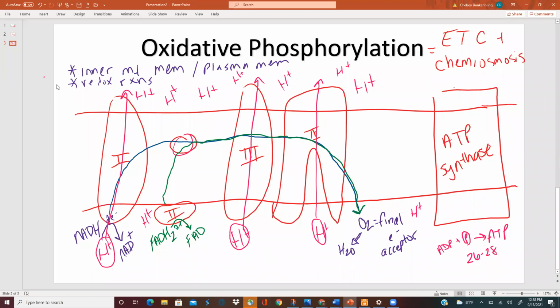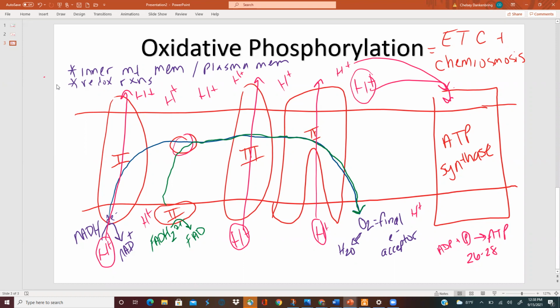But again, they don't want to be over there. And so what they do is they file, single file, down through ATP synthase, which allows that enzyme to mass produce ATP, getting about 26 to 28 molecules of ATP, bringing our net total to about 30 to 32 molecules of ATP, which is a lot.